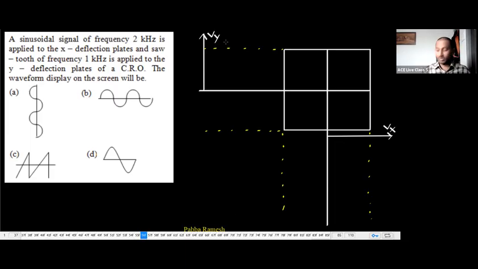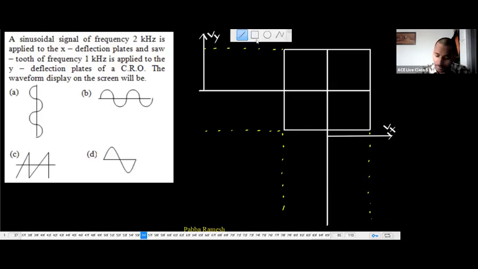Right. See, concentrate. First of all, a sinusoidal signal of frequency 2 kilohertz is applied to the X deflection plates. 2 kilohertz. So what is the frequency? 2 kilohertz. What is the time period? 0.5 millisecond. Okay. And a sawtooth waveform is given to the vertical plate with 1 kilohertz.